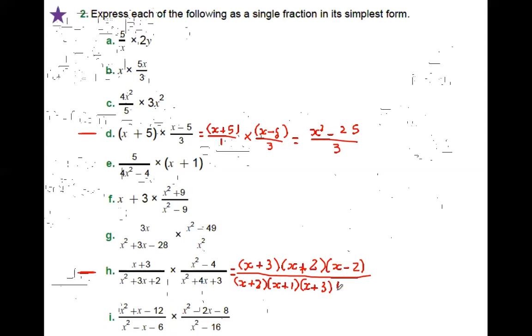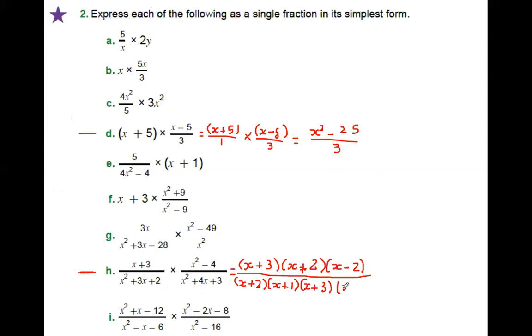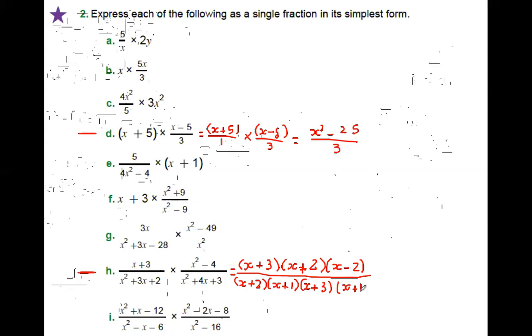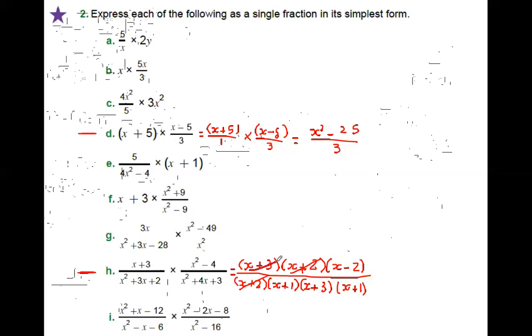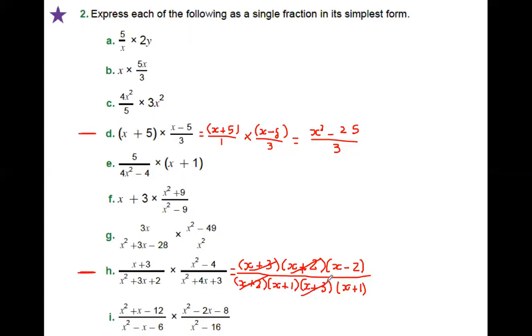So it looked daunting to start with, but it wasn't too difficult because now I can start simplifying. So to simplify, I've got x plus 2, x plus 2, that's a 1. x plus 3, x plus 3, that's 1.